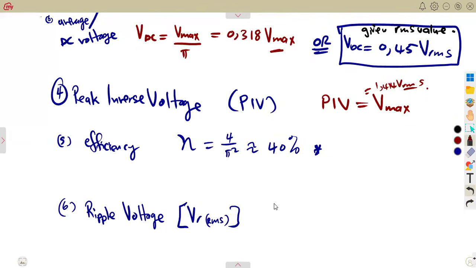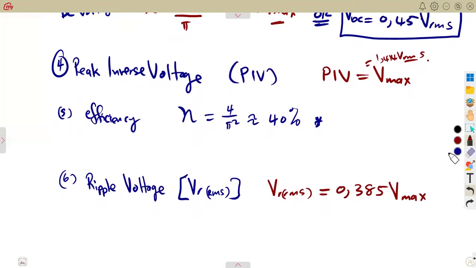It can be calculated from V RMS, and it is equal to 0.385 of the maximum value for a half wave. We're going to need this formula, and from the ripple voltage you will need to calculate the ripple factor.